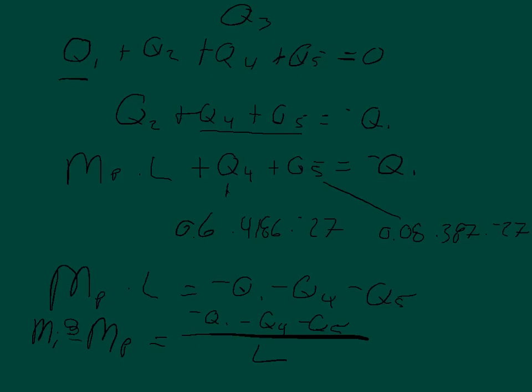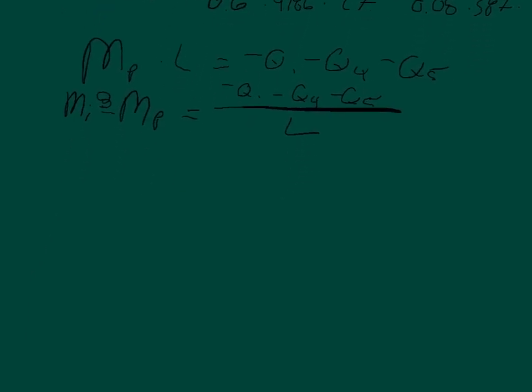So you subtract that from the initial amount of ice, which was 0.04, and basically the initial amount minus negative Q1 minus Q4 minus Q5 over L is going to be equal to the amount of ice that's left.